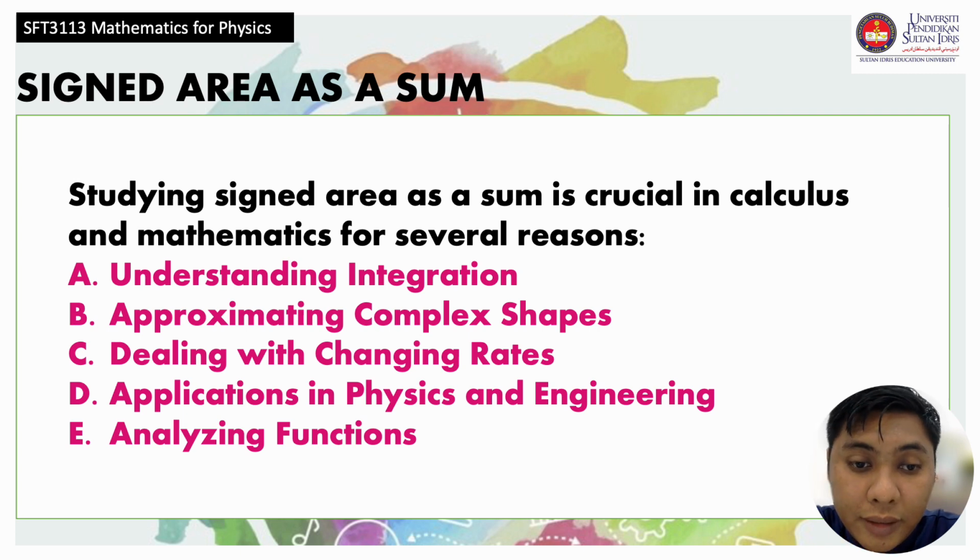Lastly, we want to analyze functions. Before this we used the derivative to analyze functions. Now if we have a derivative, how are we going to reverse it to the original function?